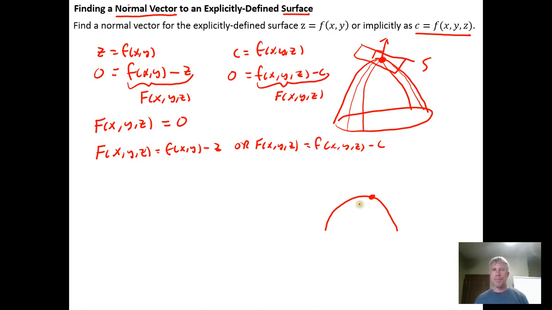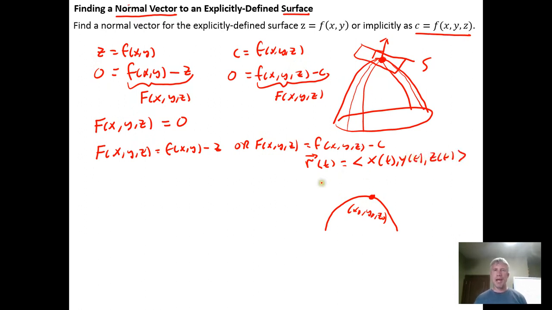Here's that point x naught, y naught, z naught on the surface, and let's parameterize this curve in this way. We're going to parameterize it so that the curve is described by r of t. So we're going to parameterize it as a function of t, so it's going to be x of t, y of t, and z of t.